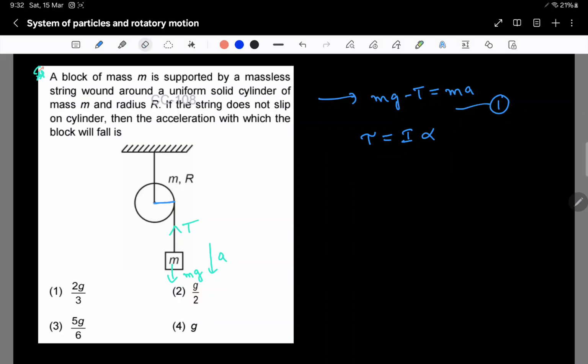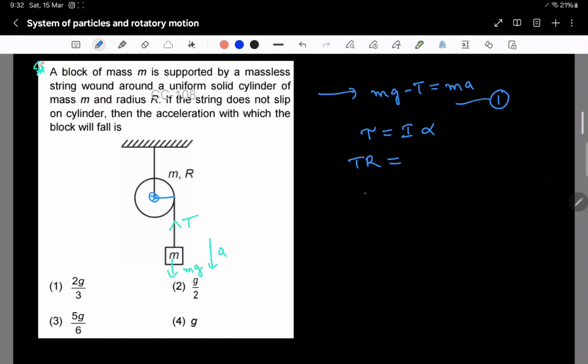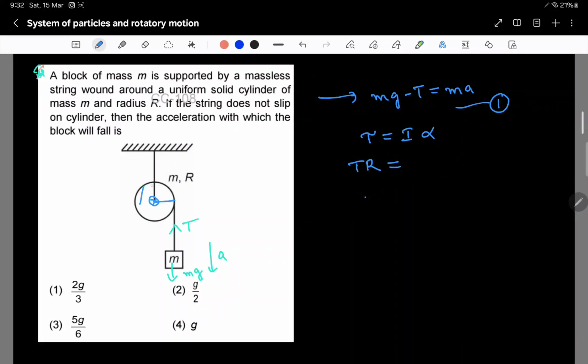Why the confusion? Torque tau equals force into perpendicular distance equals moment of inertia about this axis of rotation, students. It is a solid cylinder, which means it is made up of a disc. So for a disc, what is the moment of inertia? Just now, in the above problem, we discussed mr square by 2, into alpha.